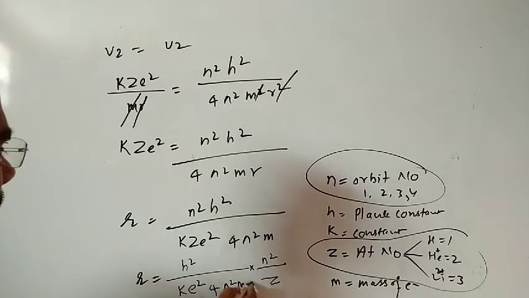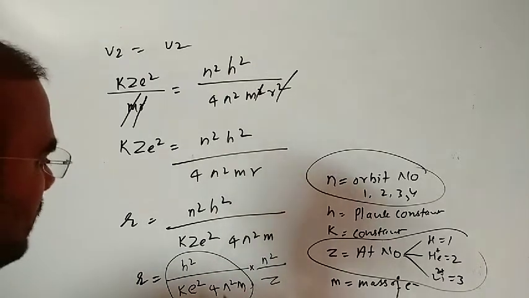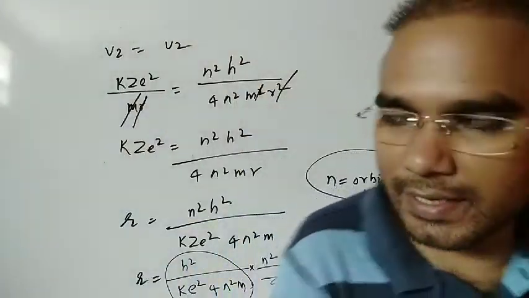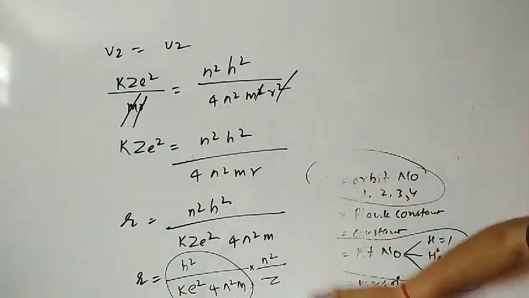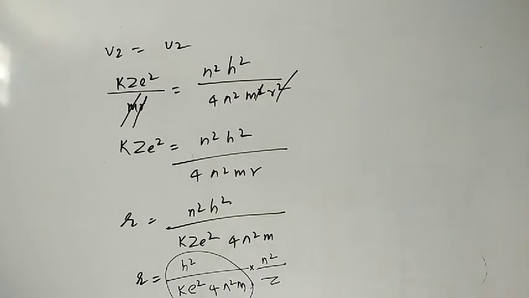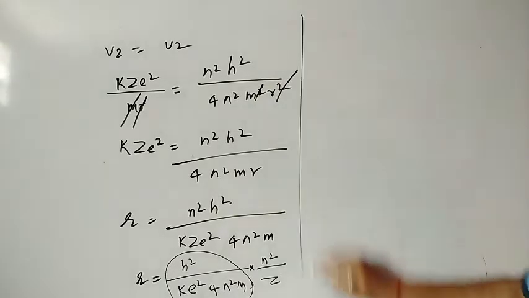These are constants, so you put in the values and get the final formula for the radius of the orbit.